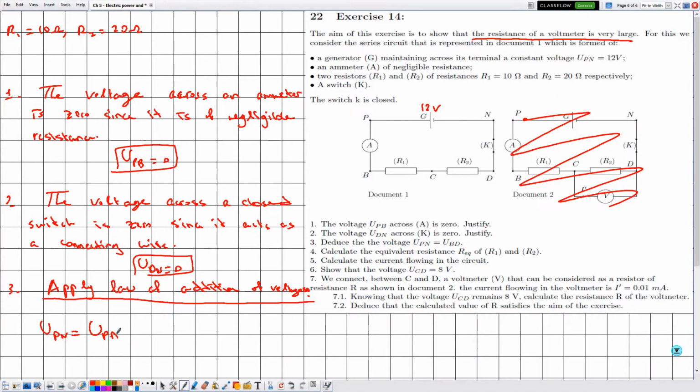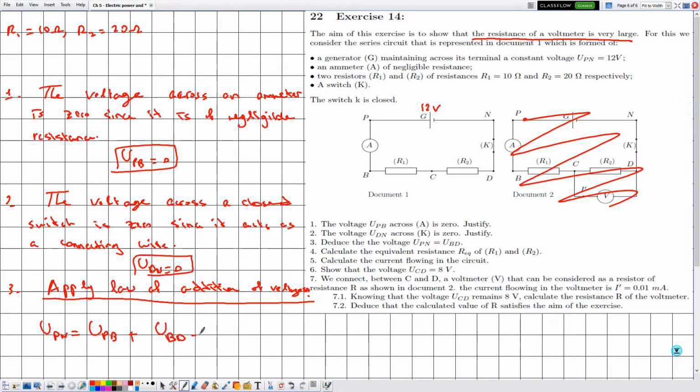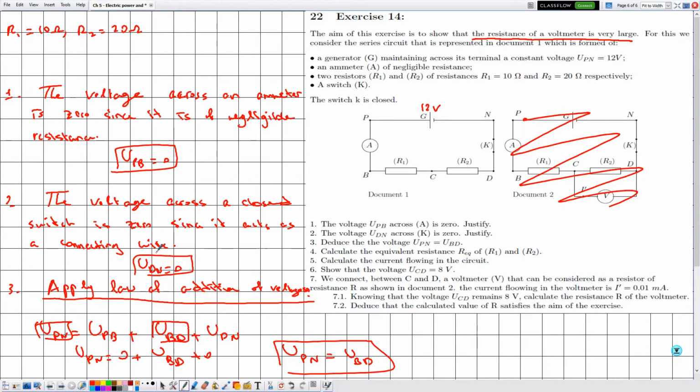So from P to A, now from A we can go directly to B. Now from B we can go directly to D or across the point C. Since we want UBD to appear in the equation, then we will go to D, plus UDN going back to N. So 0 plus UBD plus 0, then in this case UPN is equal to UBD. No need to justify why UPB and UDN are 0, because this is done previously.